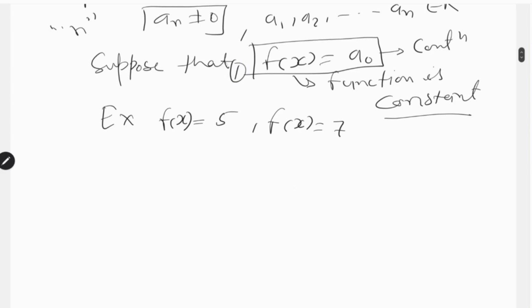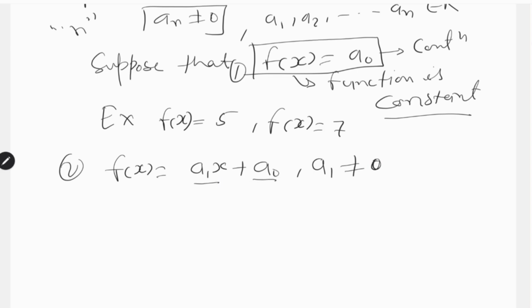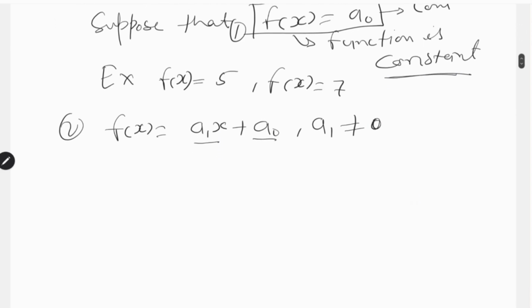If suppose that f of x is equal to a1x plus a naught, there a1 is not equal to 0. Okay, if a1 is equal to 0, then that f of x is equal to a naught, that is constant polynomial.